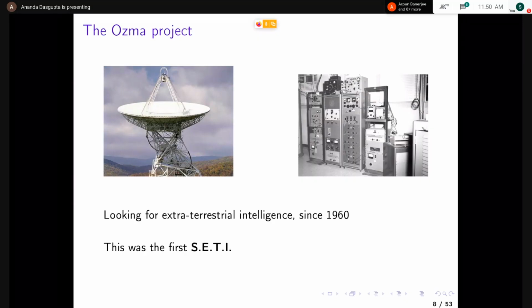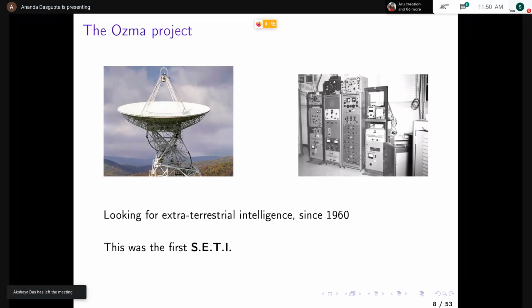Of course, back there in 1960, there was no Linux, there wasn't even Unix, and they had much less computing power than today.